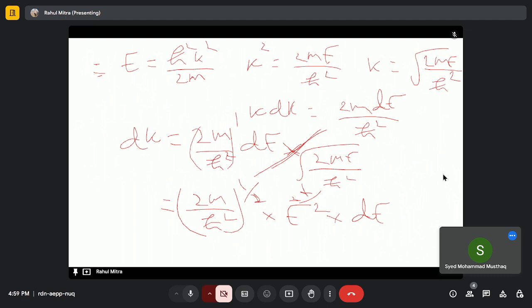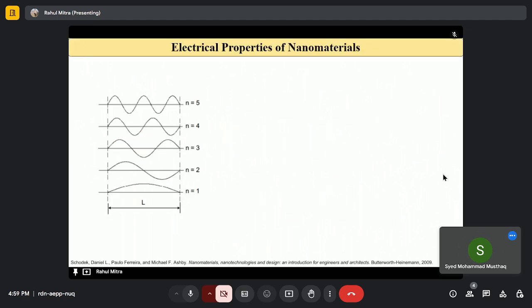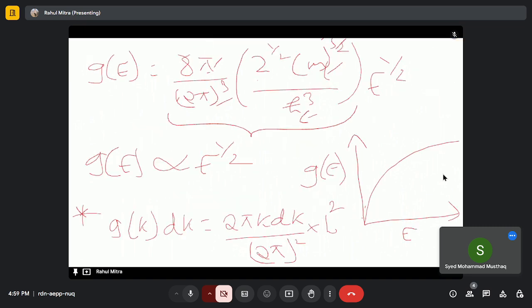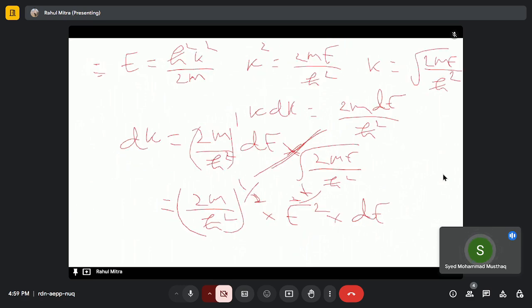Now substituting this here, we will finally arrive at the equation G(E) will be proportional to E^0. G is proportional to E to the power constant. Then how does our graph look like?